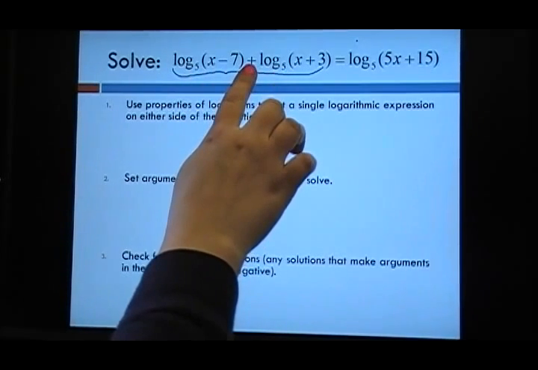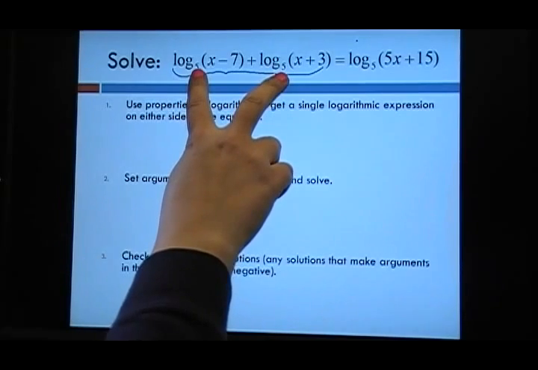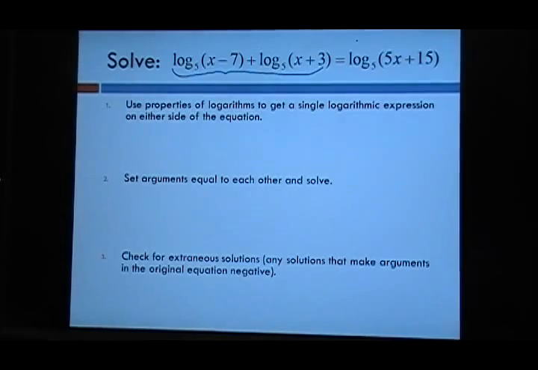Since I'm adding 2 logs of base 5, I can use my product rule that says this expression is the same as log base 5 of x minus 7 times x plus 3. And that equals the right-hand side, which is already a single log.